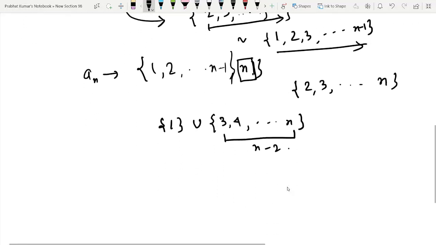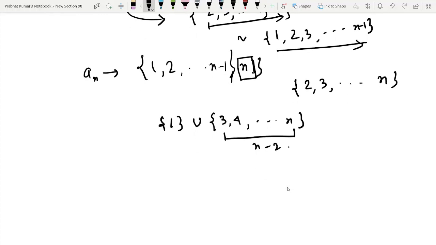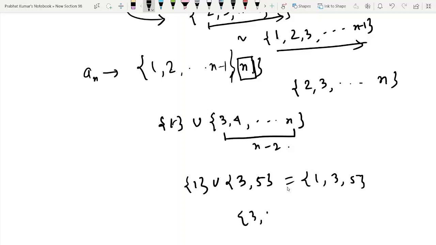Suppose the consecutive subset we get from here is 3 5, then 1 is automatically unioned with this, right? So 1 is combined and it becomes 1 3 5. So if we get a subset 3 5 from here, that corresponds to our answer 1 3 5, right?